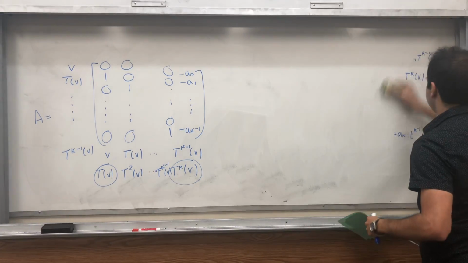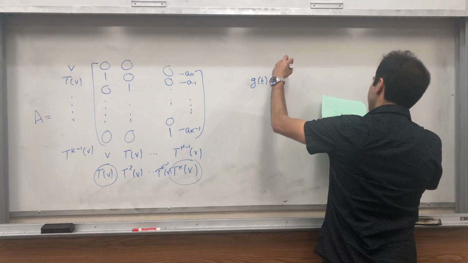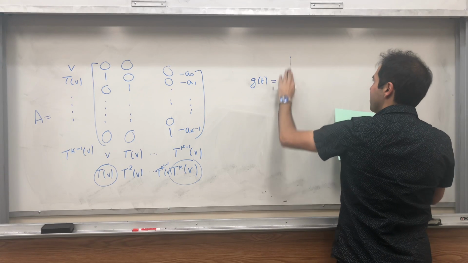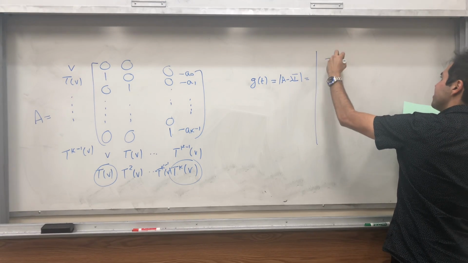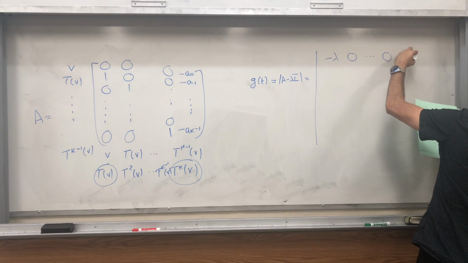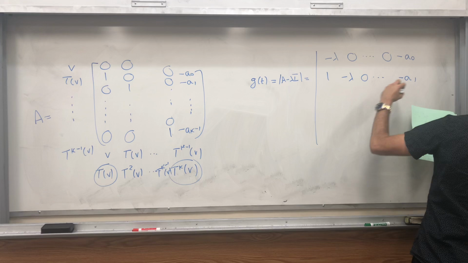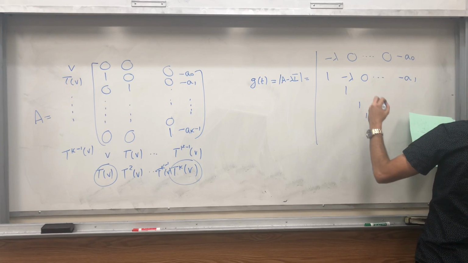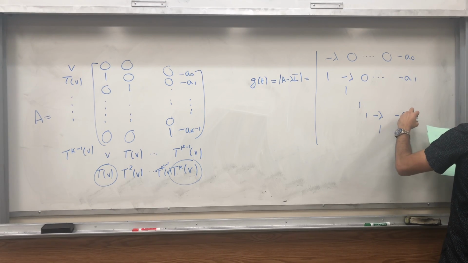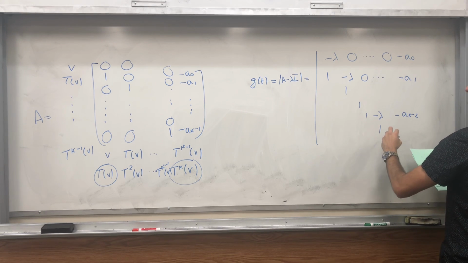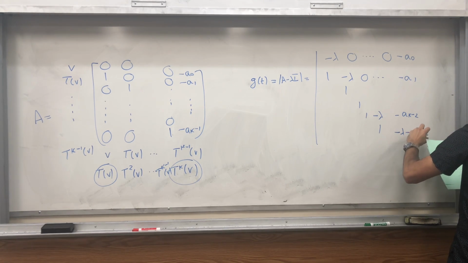So g of T is the determinant of A minus lambda I, so not a big bar yet, which is the determinant of the matrix with minus lambda, a bunch of zeros, minus a0 in the first row; 1, minus lambda, a bunch of zeros, minus a1; and so on, a bunch of ones and then a bunch of minus lambdas, down to minus a_{k-2}, and lastly minus lambda minus a_{k-1}.